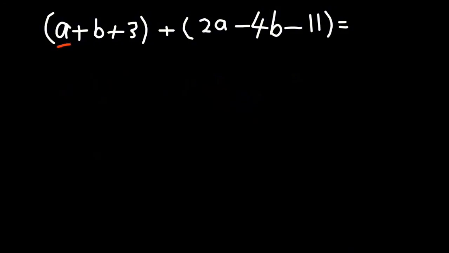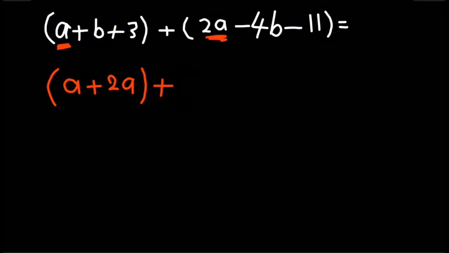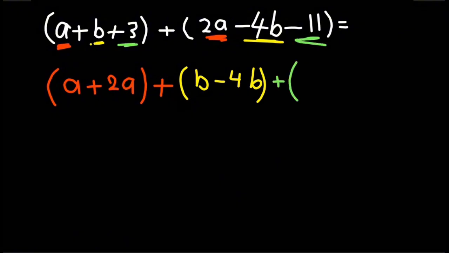So I'm going to take the like terms. As you can see, guys, here we have a and 2a. So I'm going to put them together, a plus 2a. Plus, open bracket, I'll take b with negative 4b. So I'm going to write b minus 4b. Close the bracket. The last two terms, plus 3 minus 11.